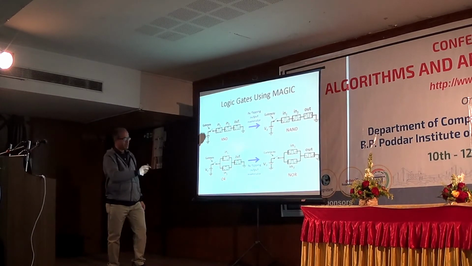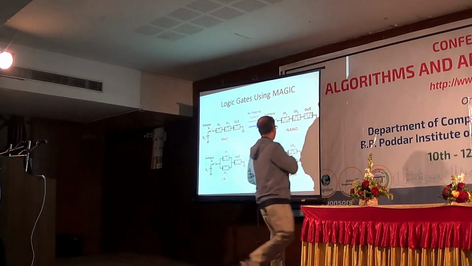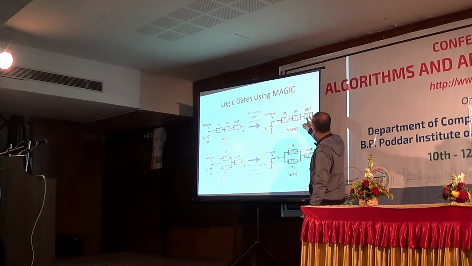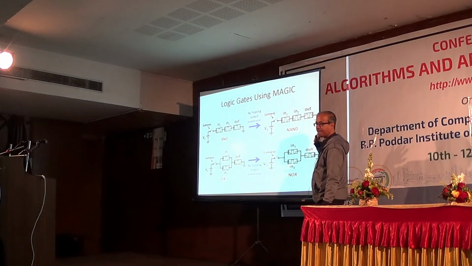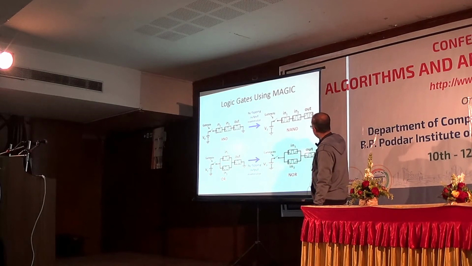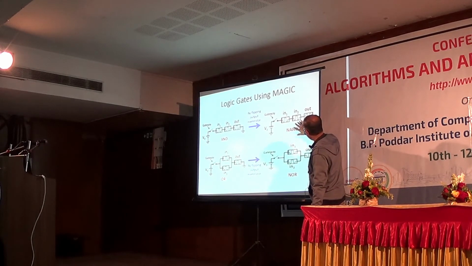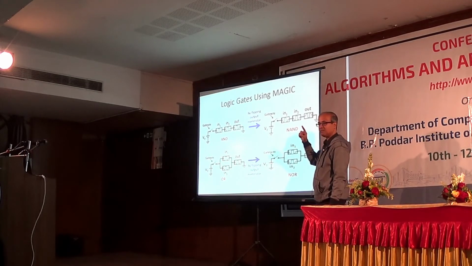NAND is very similar, but you see the only difference in NAND is that the last memristor, the polarity is reversed. That is the only difference, nothing else. And I had said that for a negative gate, the output is initialized to 1.